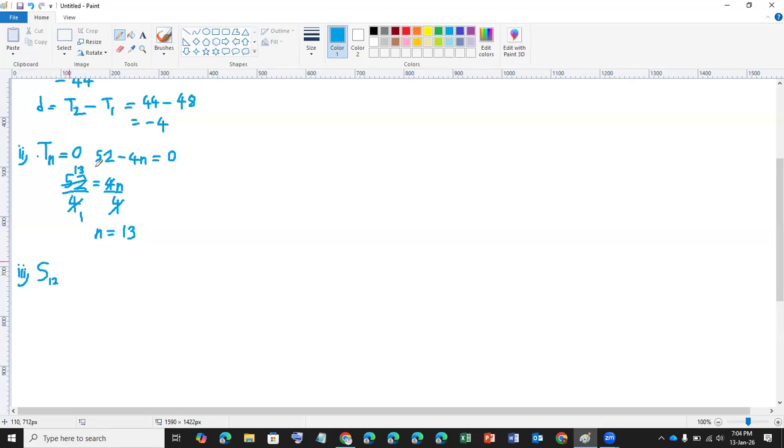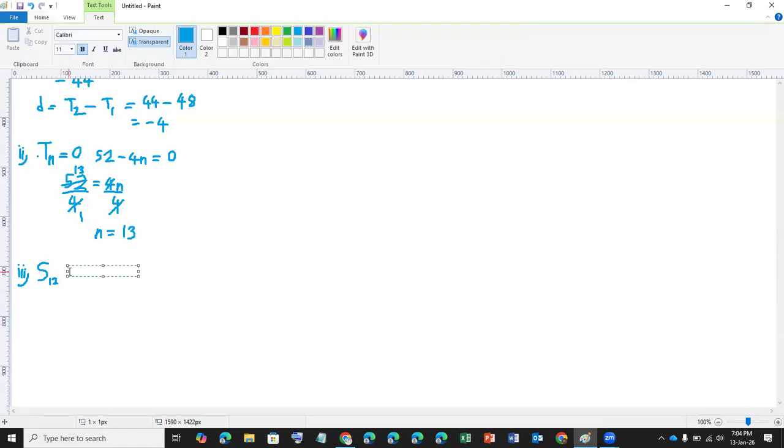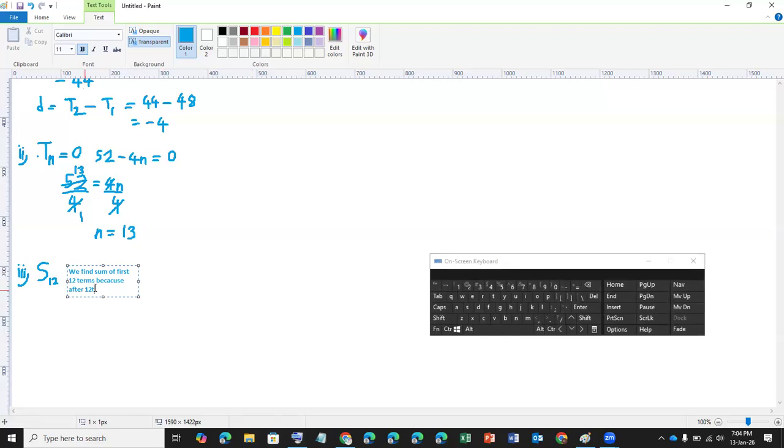Let me add an explanation: find the sum of the first 12 terms, because after 12 we have the 13th term, which is 0.